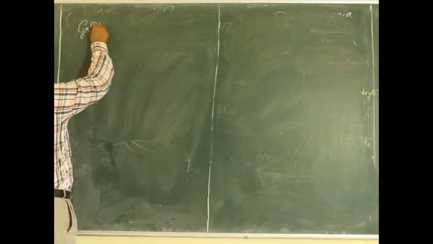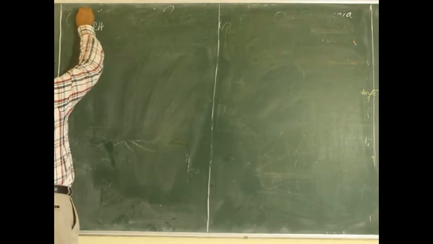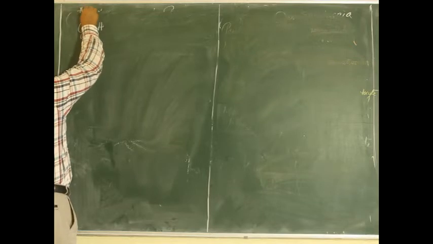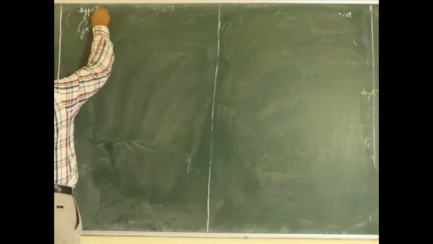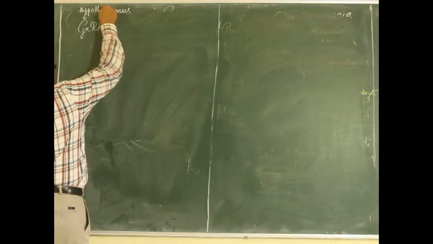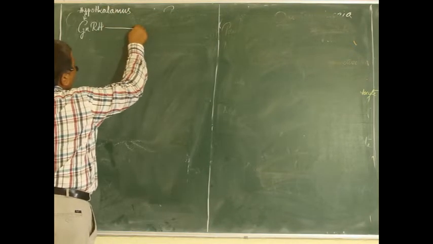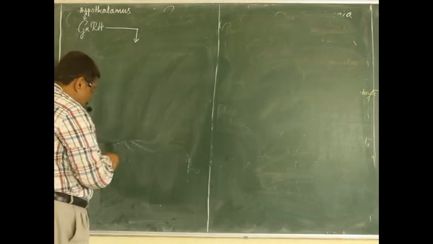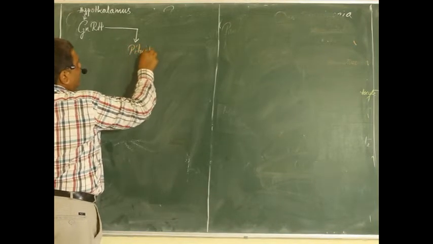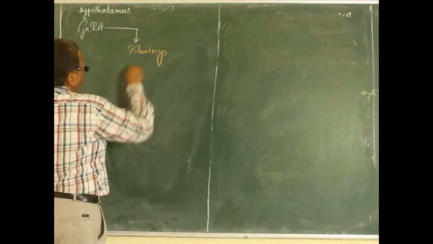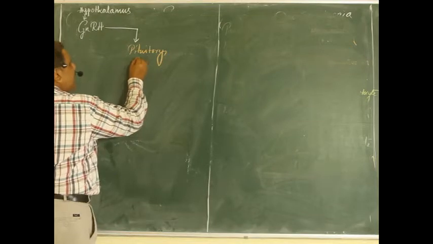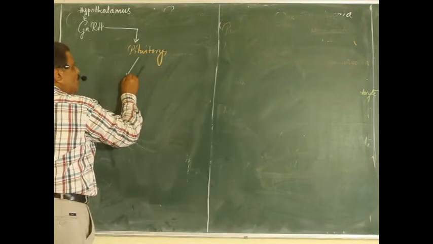It is released from the hypothalamus of the brain, and it acts on the pituitary gland, and this pituitary gland then releases two hormones.